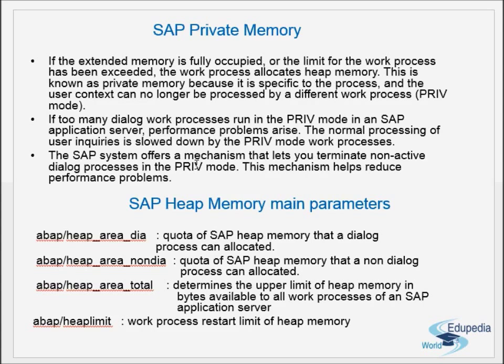After this limit, the work process will simply restart, and your session will be automatically closed. So this is about the private memory. It's nothing but the heap memory, the operating system paging, which the SAP work process can use, and these are the different parameters related to heap memory.